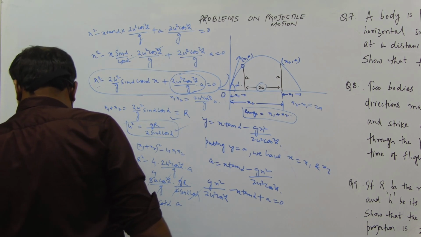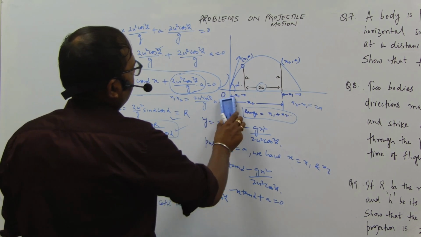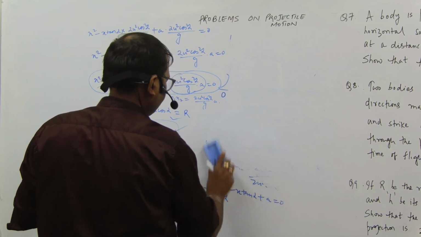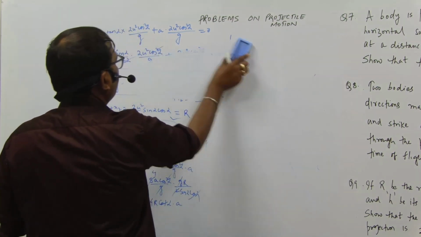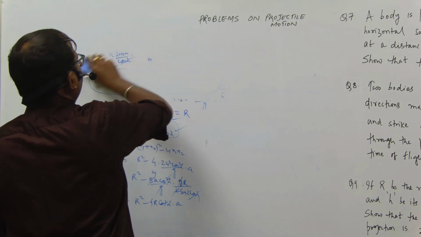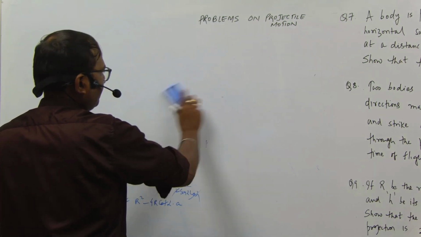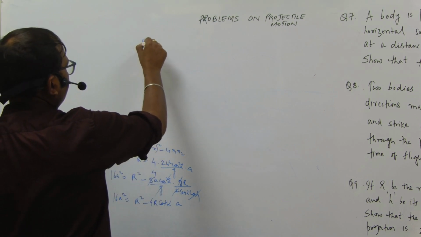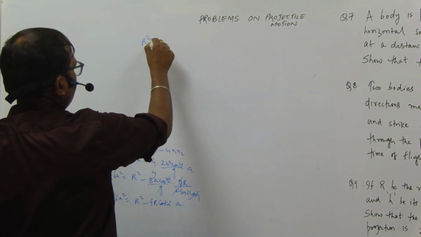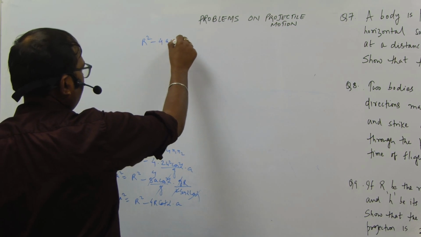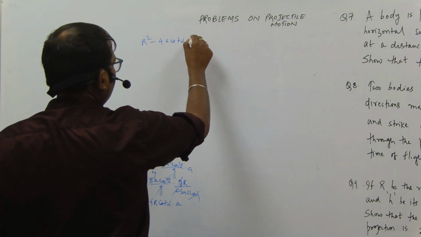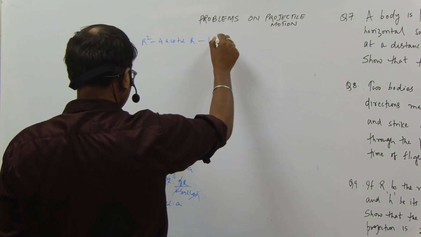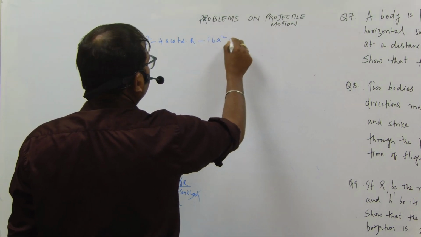Okay, so we have the equation as the quadratic R square minus 4a cot alpha into R minus 16a square is equal to 0.